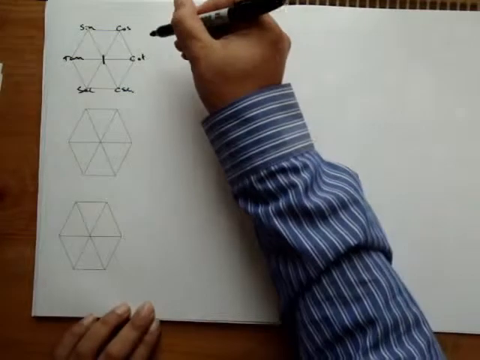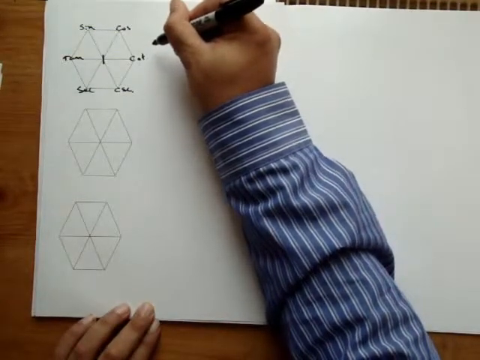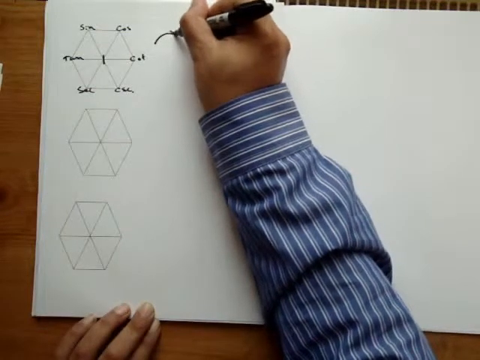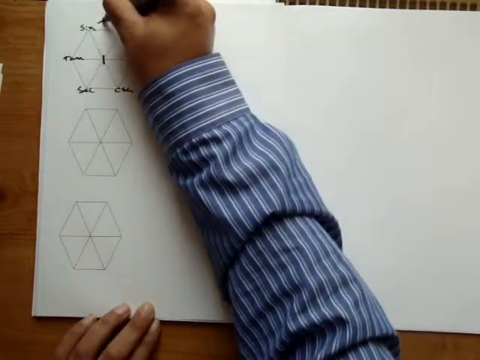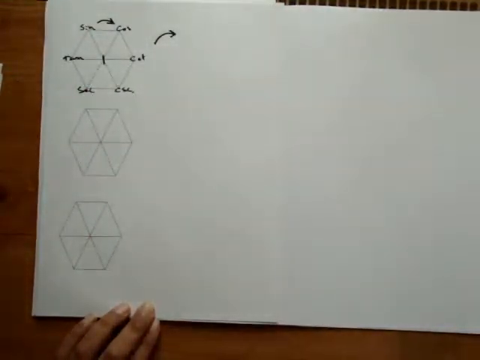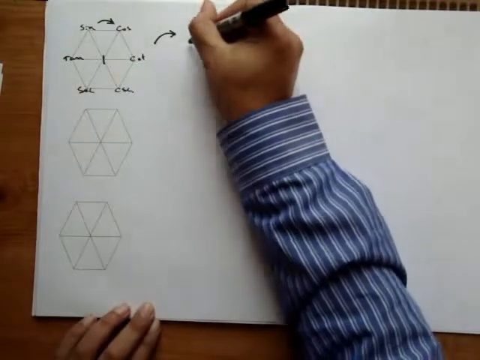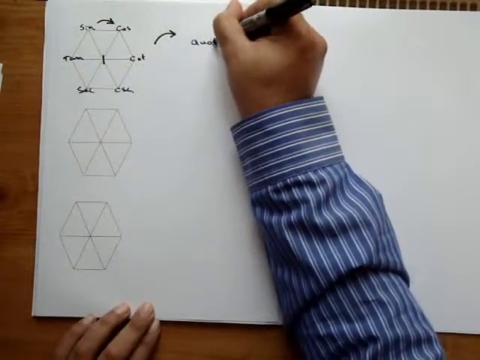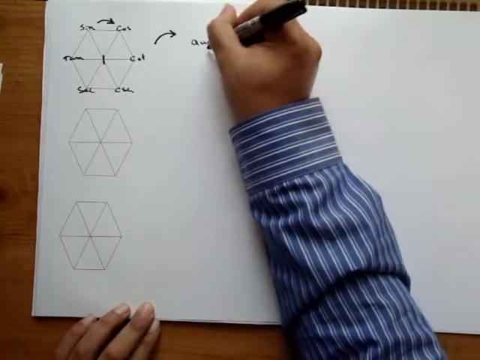So when we go round clockwise, starting at sine, in this direction, we have the quotient identities.